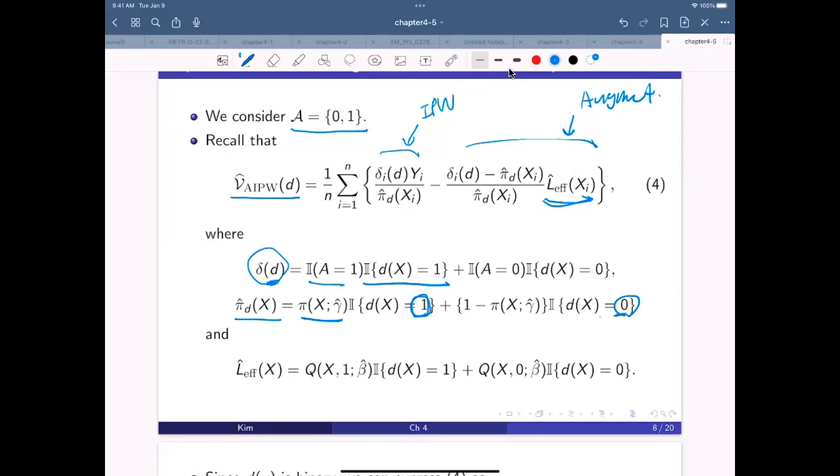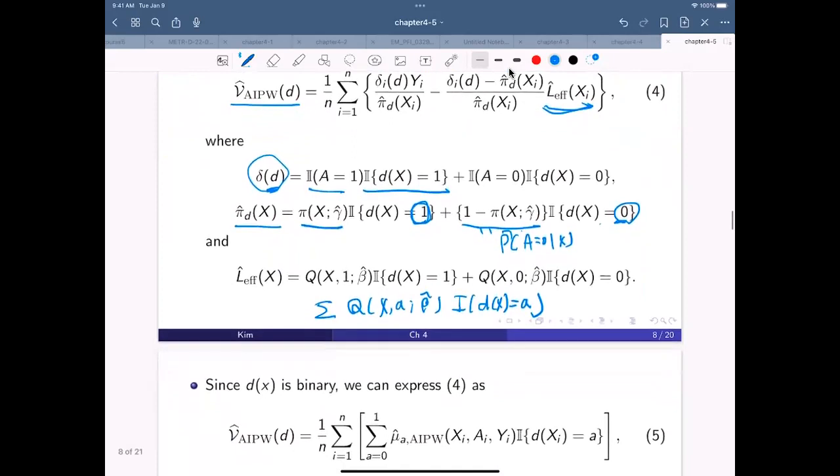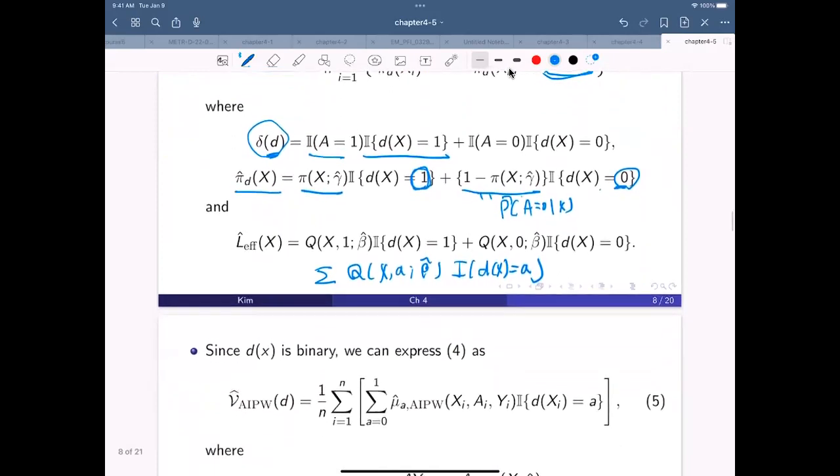For A equal to 0, we are estimating the probability of A equal to 0 given X. The same thing applies to Q(X, A; beta hat) times the indicator that D(X) equals A. That's basically fine.